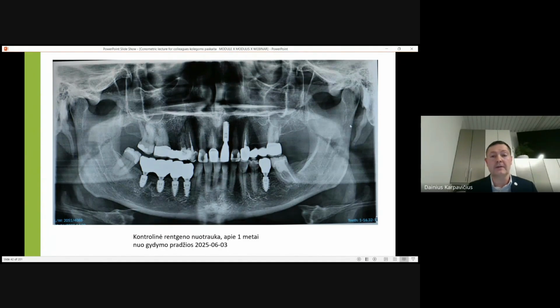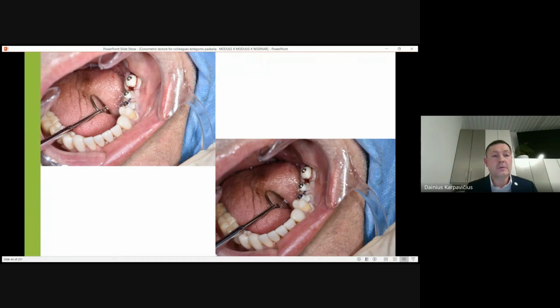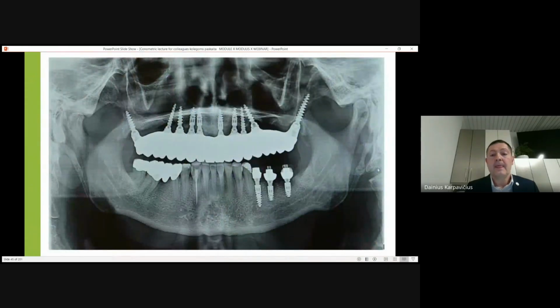Another clinical situation, the lower jaw has no molars, we put implants, we put individualized zirconia gingiva formers.